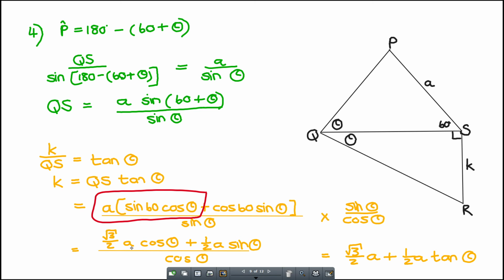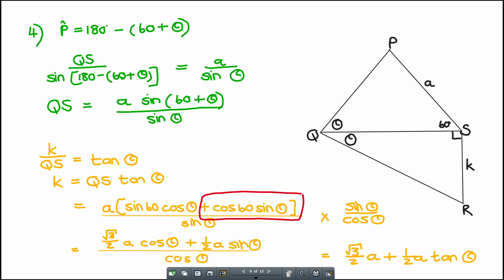Then I multiplied it with the A, and then cos theta. What happens to the other sine theta that was underneath with QS? You'll see, I'm going to cancel out. I'll get there. Okay, then, this part, the cos 60 became a half. I have to multiply it with that A, so that's where this A comes from, and then sine theta.